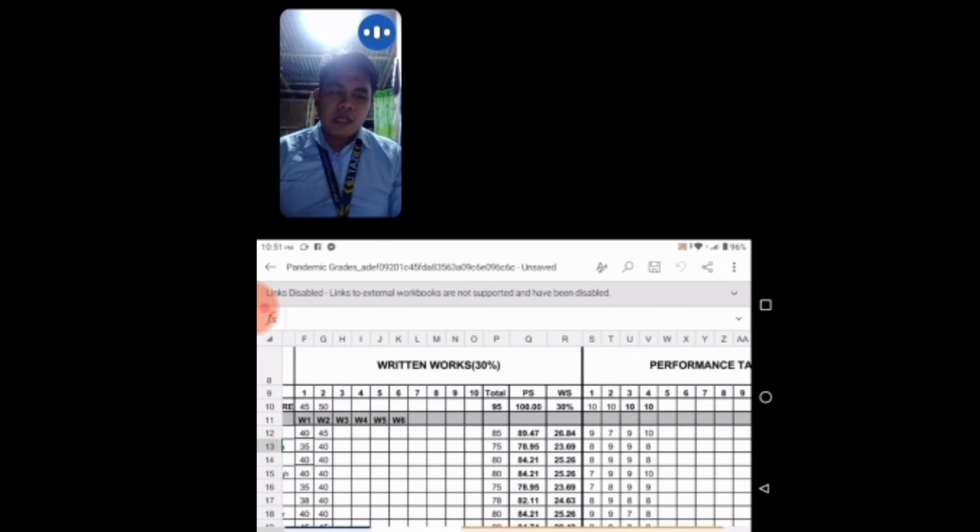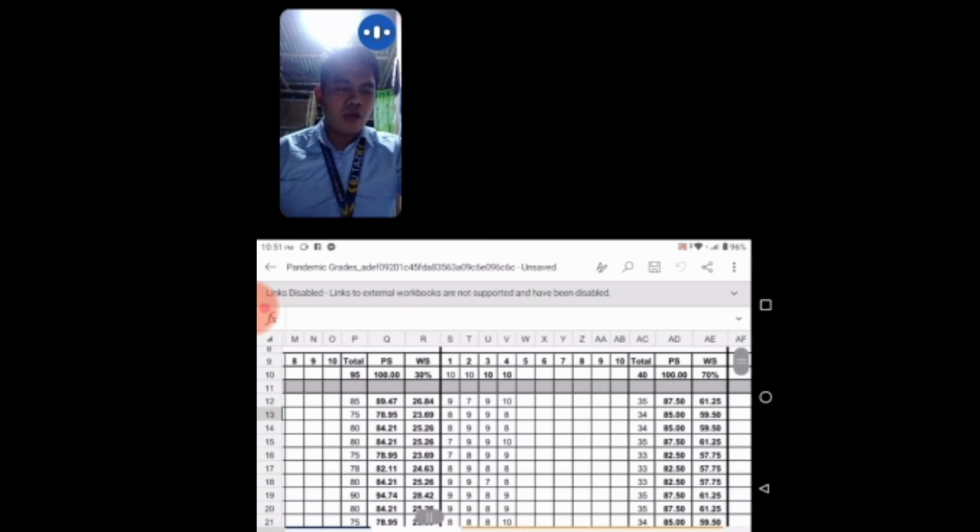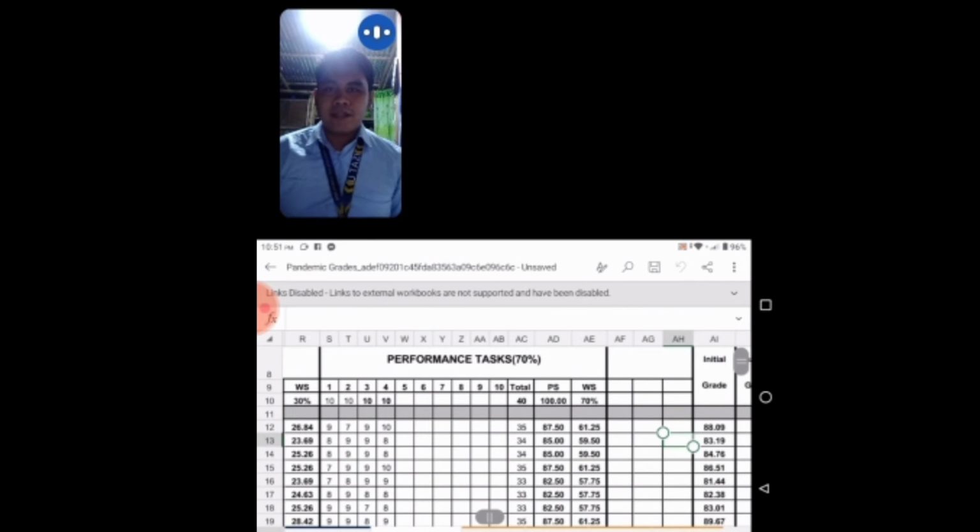And we continue on the performance task of student B. In the first performance task he got 8, the second task he got 9, the third task he got 9, and the fourth task he got 8. Then we solve 8 plus 9 plus 9 plus 8 equals 34.